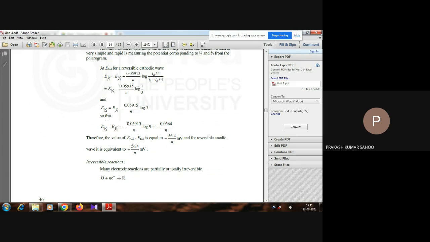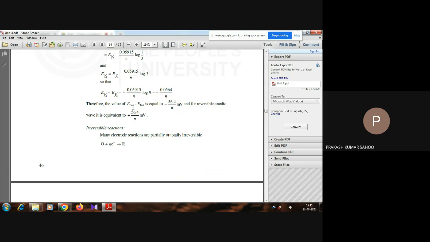So if I subtract E3 by 4 minus E1 by 4, then we have 0.0564 by n. Therefore the value of E3 by 4 minus E1 by 4 is equal to minus 56 by n millivolt, multiplied by 1000, for reversible cathodic wave, and is equivalent to plus 56 by n millivolt for reversible anodic wave. So the sign also reverses, this becomes positive.